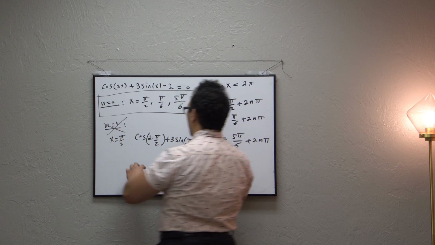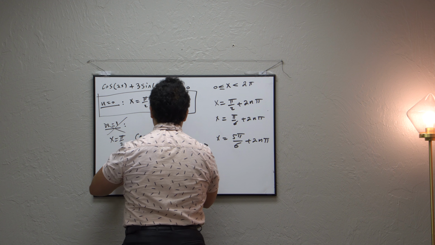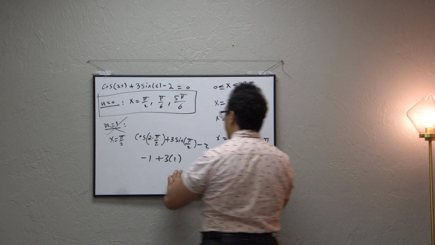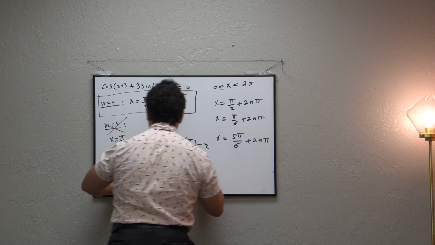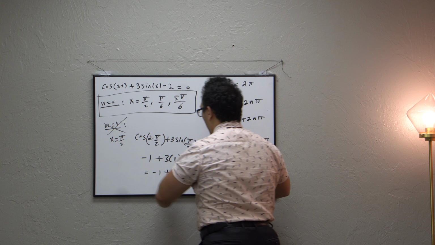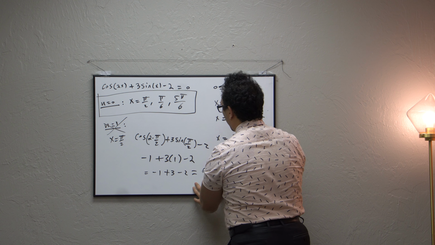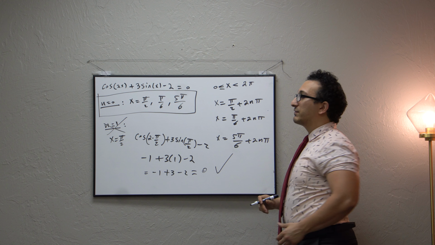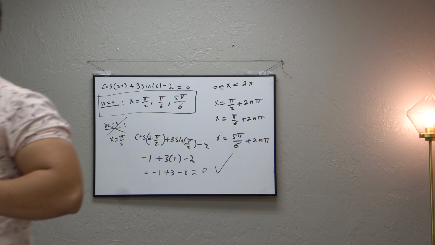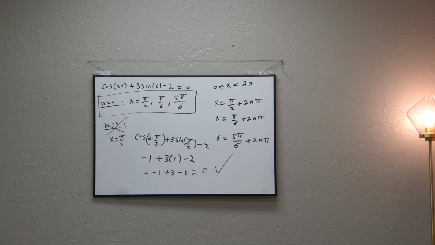Cosine of pi is negative 1, so this becomes negative 1, plus 3 times 1, because sine of pi over 2 is 1, minus a 2. So this breaks down to negative 1 plus 3 minus 2, and this is clearly 0. So, cha-chink, this is a valid solution to this trigonometric equation. You, at home, could go and plug in the rest of the values to see for yourselves that it actually satisfies the equation.